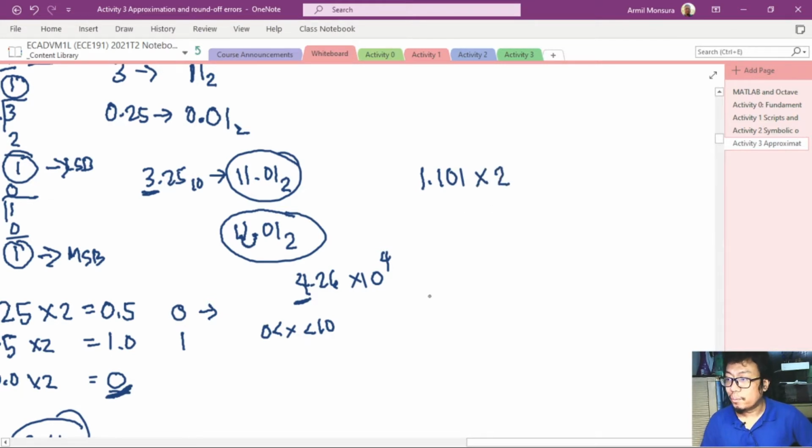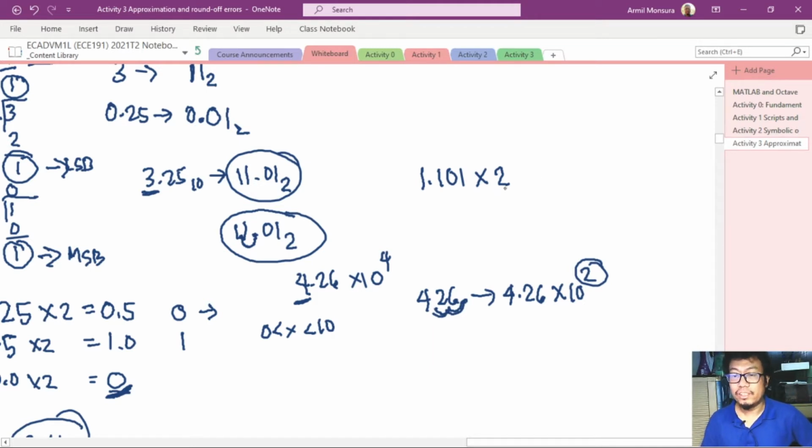Remember, if you have 426 and you want to convert it to scientific notation, the decimal point is moved 1, 2 places, and you write 4.26 times 10 raised to 2. The 2 here means the number of decimal places you moved the decimal point.